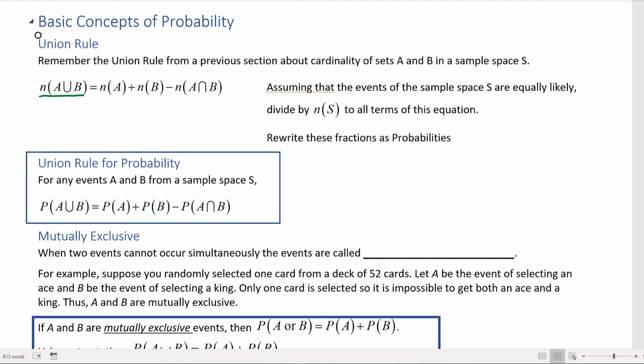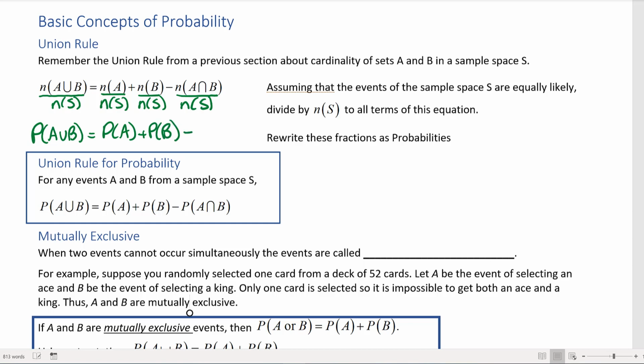If I divide by n of S, the sample space, n of A union B over n of S is simply the probability of A union B. n of A over n of S is the probability of A. n of B over n of S is the probability of B. Minus n of A intersect B over n of S is the probability of A intersect B.